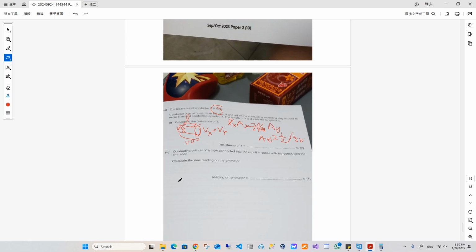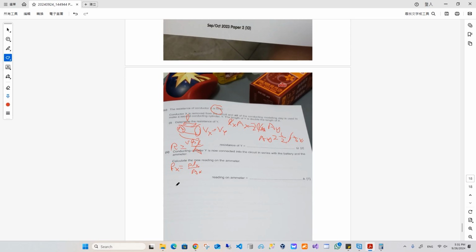We know that resistance equals resistivity rho L over A. So my resistance X equals rho Lx over Ax.